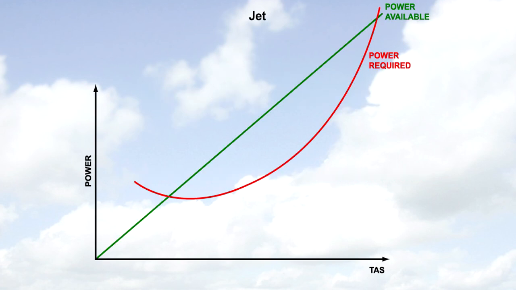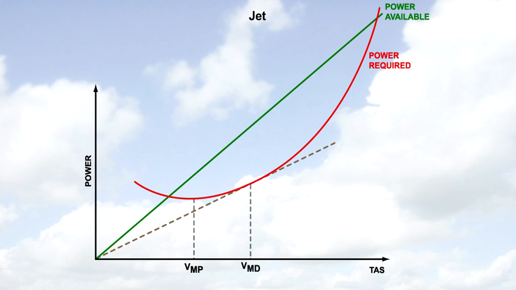Shown here is a graph of power available and power required for a typical jet aeroplane. In order to provide a benchmark for the next part of the lesson, it's necessary to locate the three reference speeds we mentioned earlier in the lesson. The speed found at the bottom of the power required curve, shown here, is called the velocity for minimum power, or VMP.